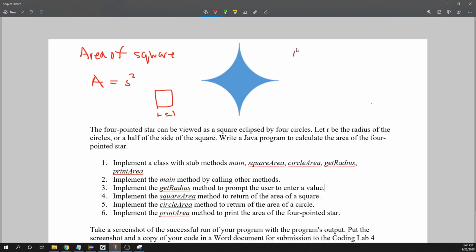And then the area of a circle is A equals pi r squared, where r is the radius. So this area of a square method, basically it's just this formula, same thing on this one, that's it. But you've got to make sure that you return it. All right, and then, so they're very simple.